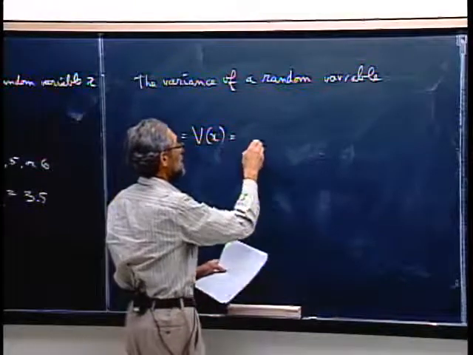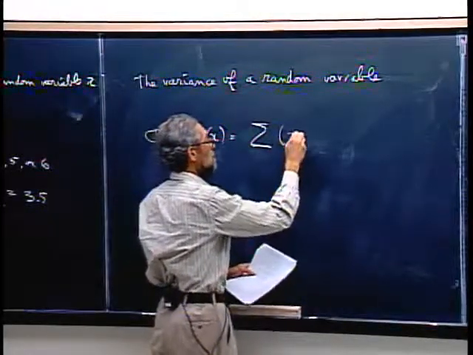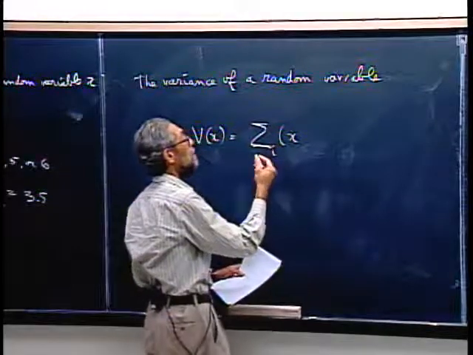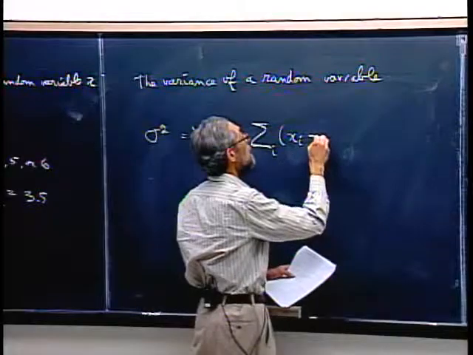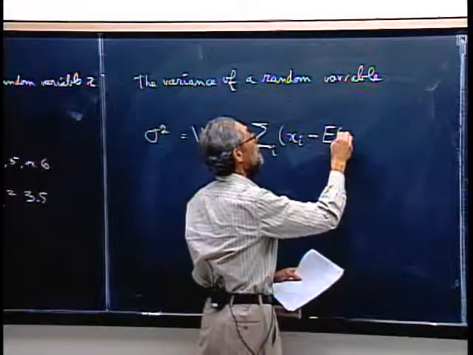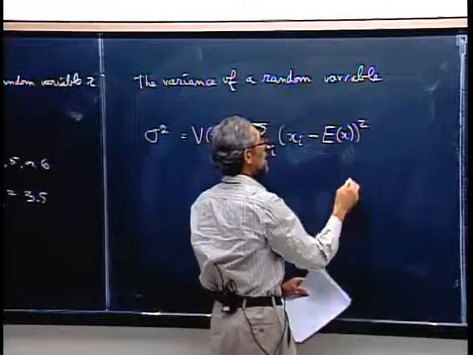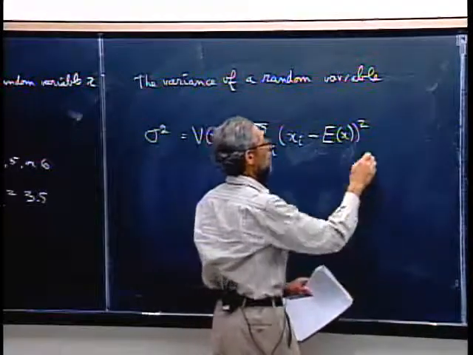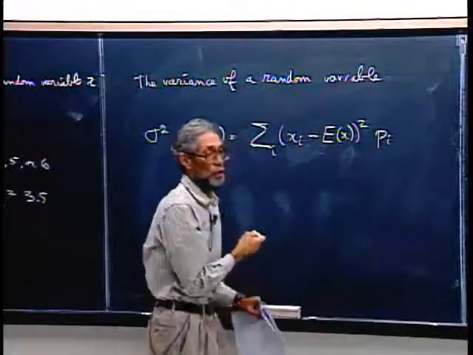And what that is then is the sum, over all possible outcomes, of the value of xi minus the expected value of x, this mean value, the 3.5 we had, squared. That multiplied by the probability of that particular event.